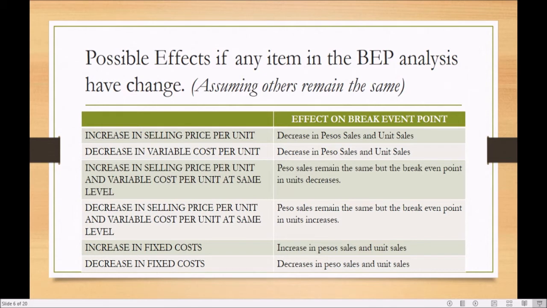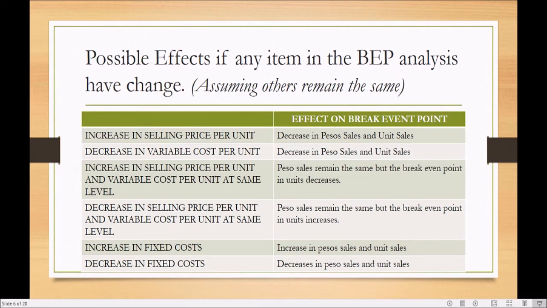Okay? For example, if there is an increase in selling price per unit and the other items did not change, what would be its effect on the break-even point? Sabi, it will decrease in peso sales and unit sales. Bakit nga?